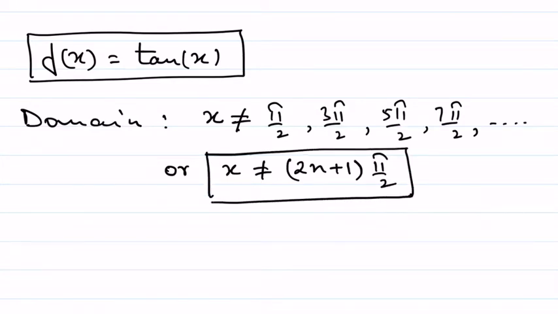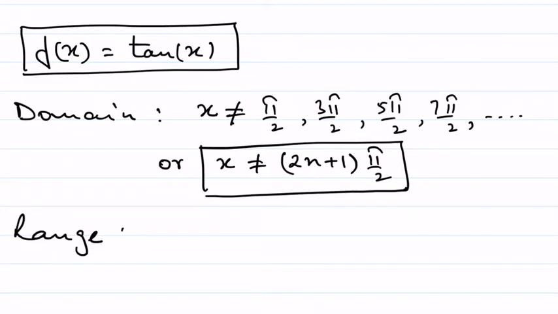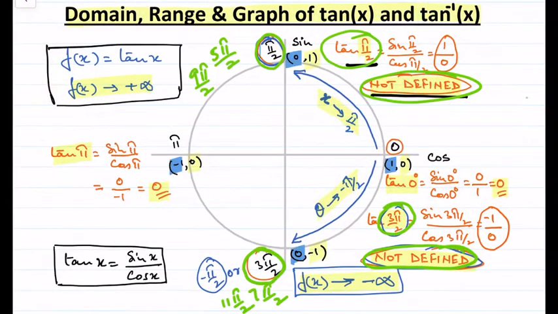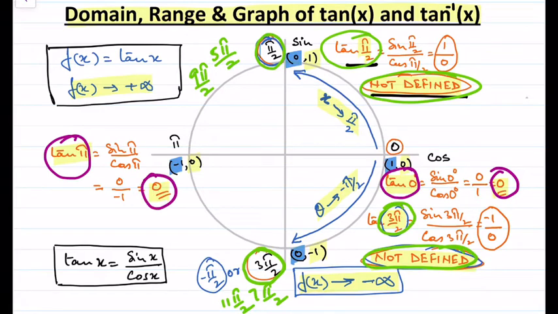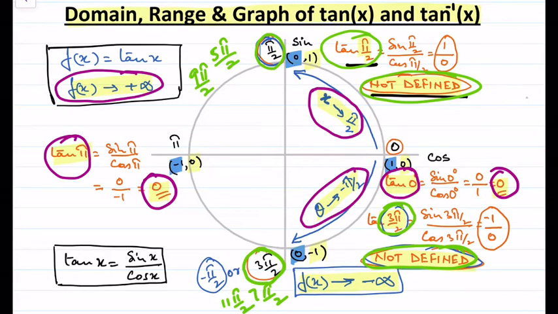Now for the range, at 0, tan is 0, at pi tan is 0, and when x is approaching towards pi by 2, then f(x) is approaching towards plus infinity, and when x is approaching towards minus pi by 2, then f(x) is approaching towards minus infinity.